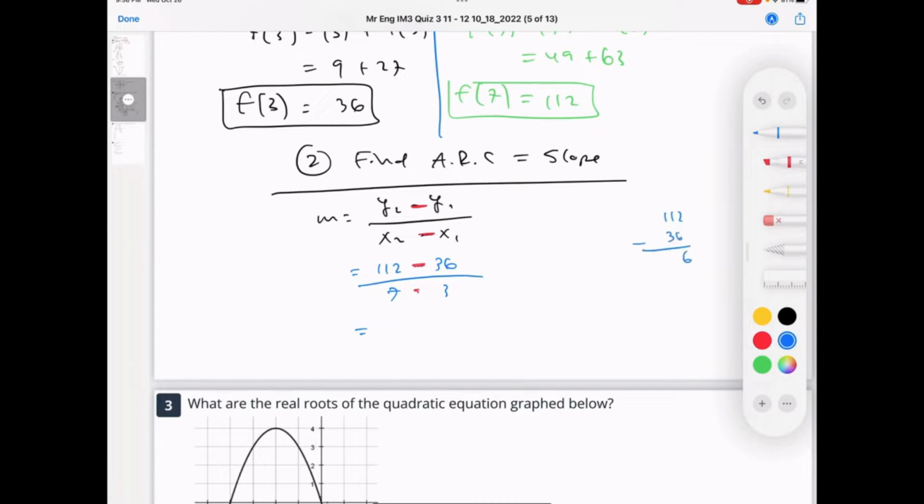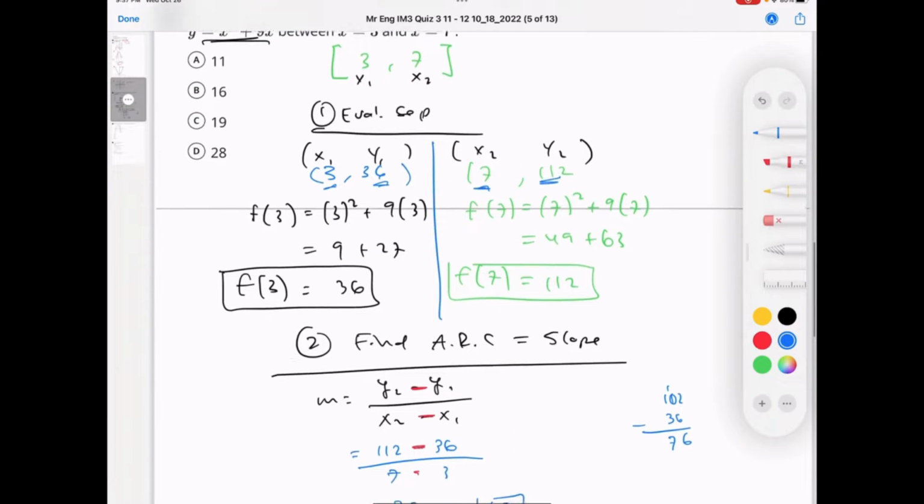So this is going to give us 76 over 4, which reduces to 19. We have an average rate of 19.